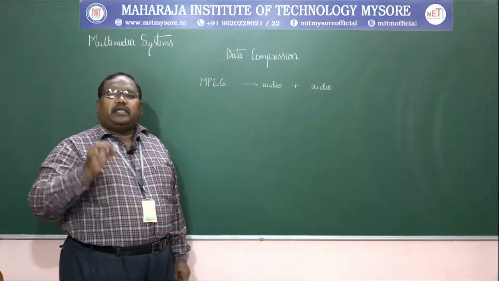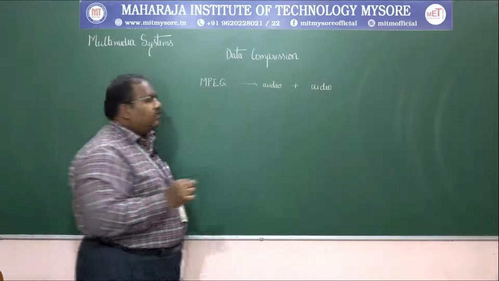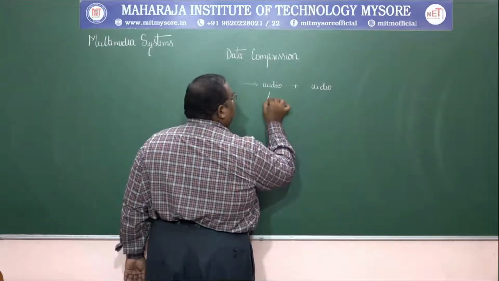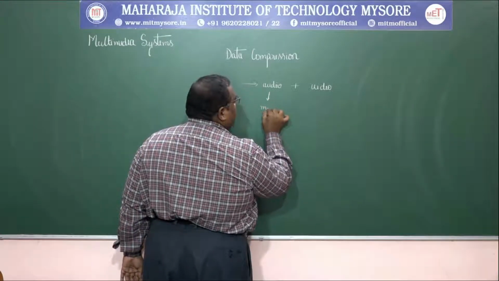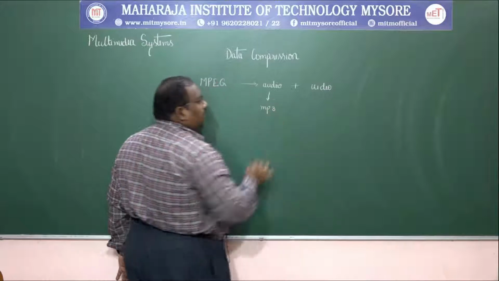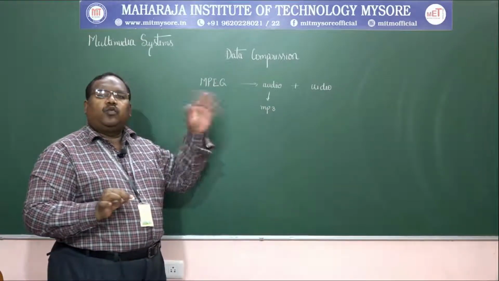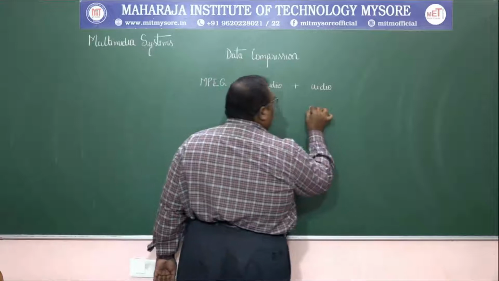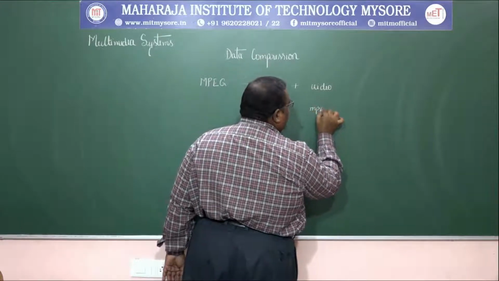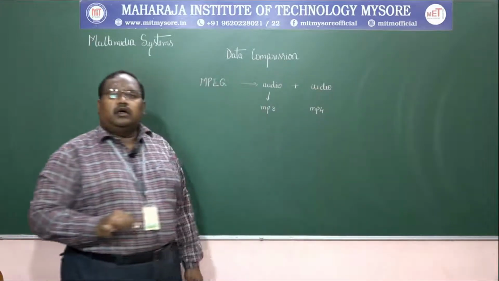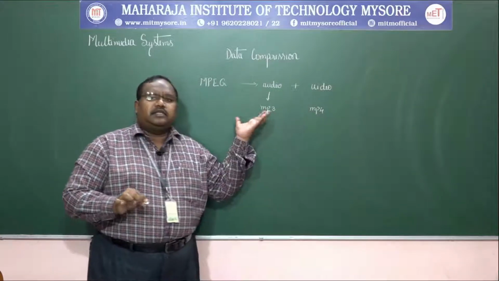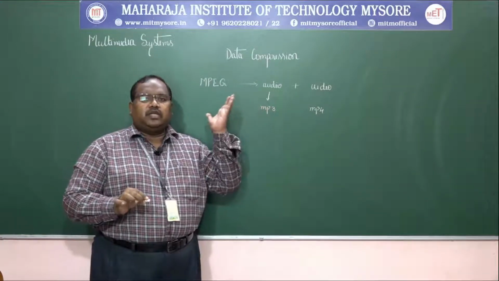When we talk about the extension, the audio extension with respect to MPEG would be MP3, and with respect to video, it would be MPEG-4, that is the MP4 technique. These are the two extensions we use during the compression of MPEG.